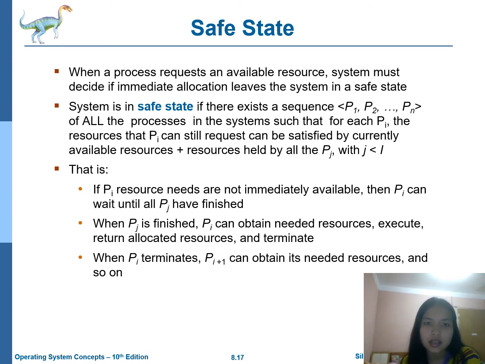The system is in a safe state if there exists a sequence of all the processes in the system such that for each Pi, the resources that Pi can still request can be satisfied by currently available resources plus resources held by all the Pj with j less than i.